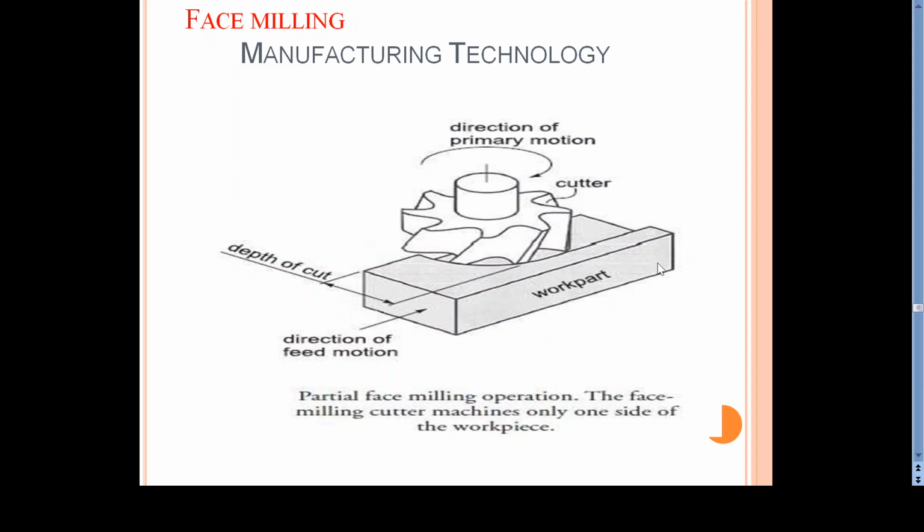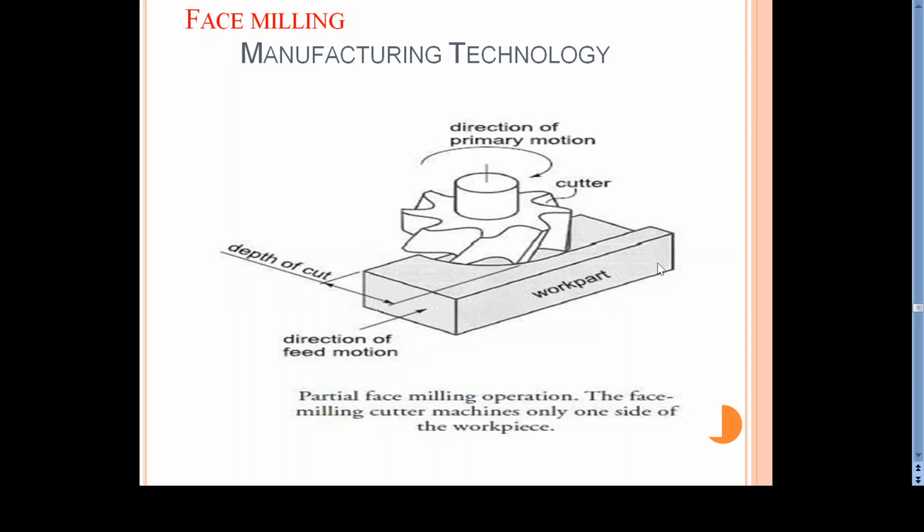Here we have to rotate the milling cutter at high speed on a spindle in a vertical milling machine, and while it is rotating, move the table in different directions, either the x direction or y direction, so that the machining is extended to the entire surface.